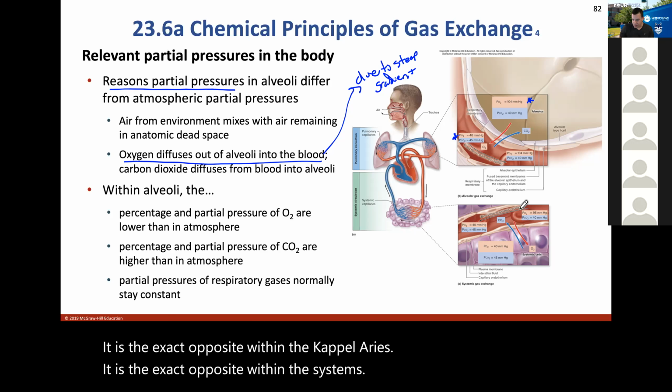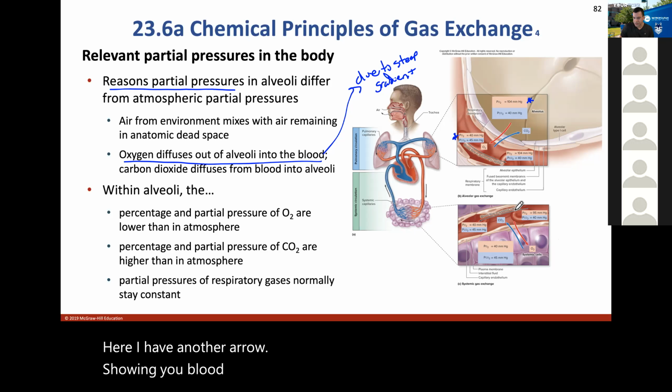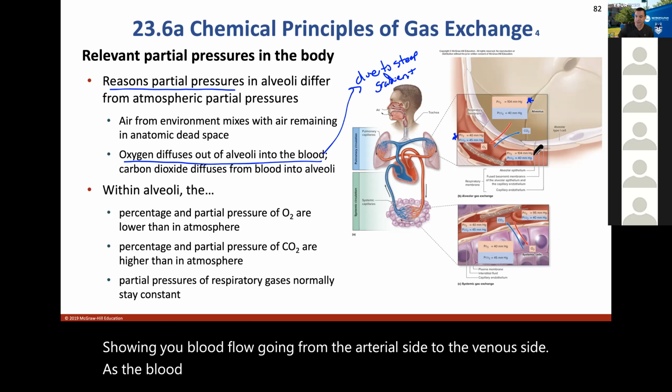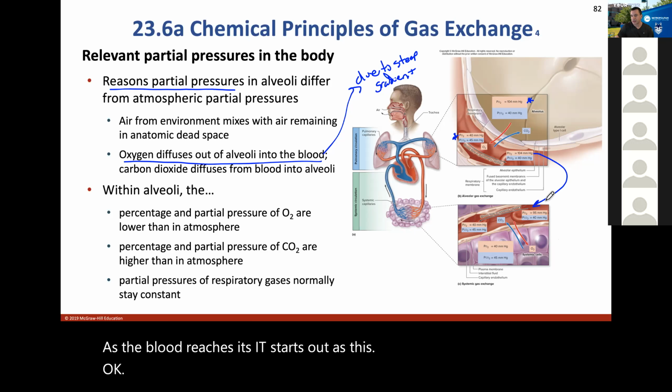Here I have another arrow showing you blood flow, okay, going from the arterial side to the venous side. As the blood reaches, it starts out as this, and then comes down here.